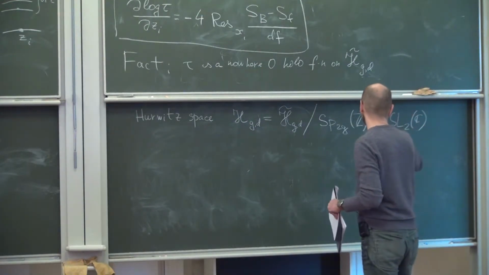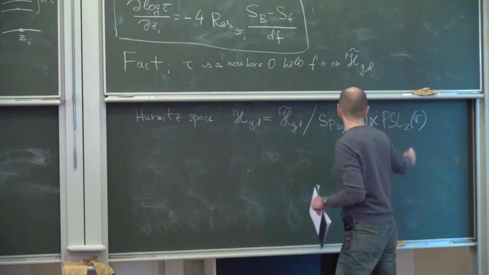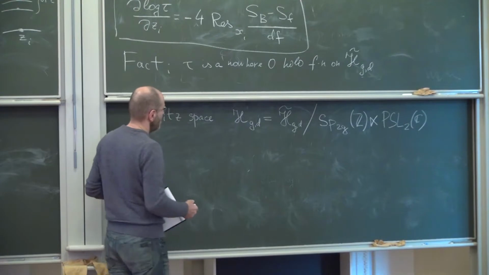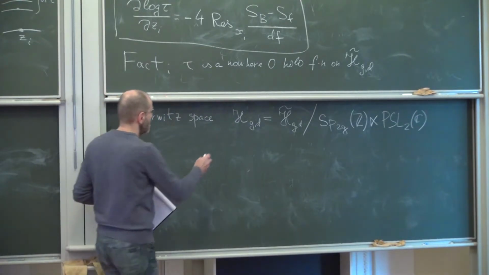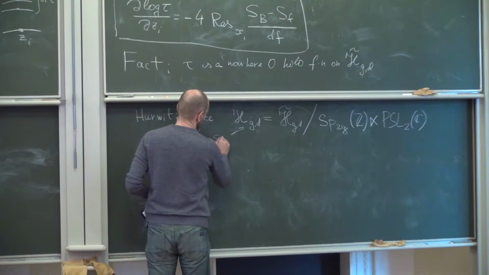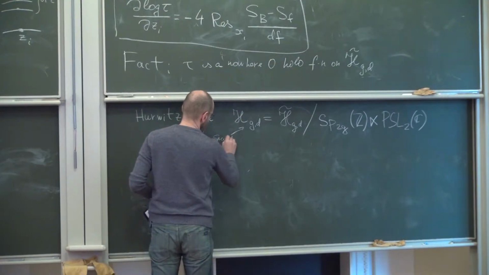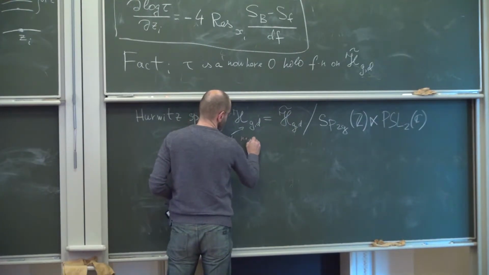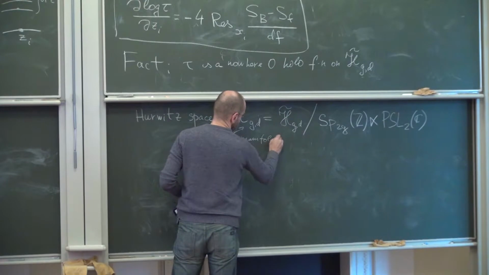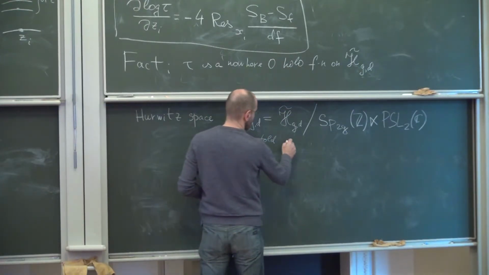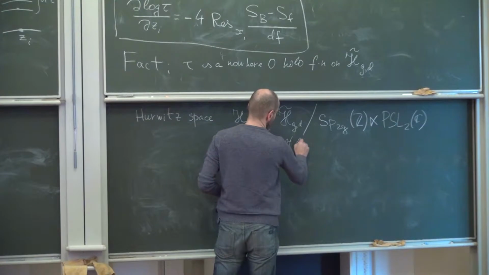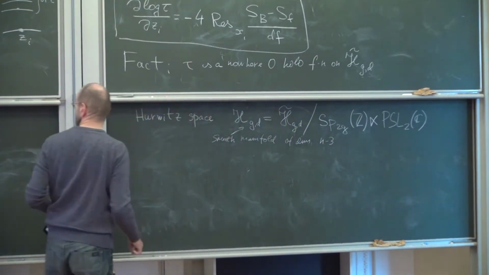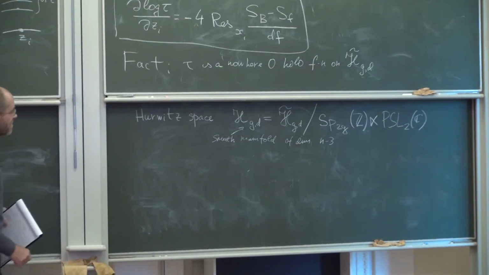So after factorizing by this semi-direct product, we get a smooth complex manifold, but now its dimension is 3 less, so its dimension is n minus 3, or 2G plus 2D minus 5.